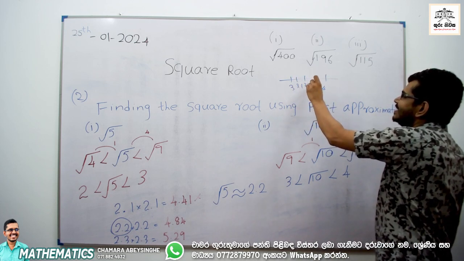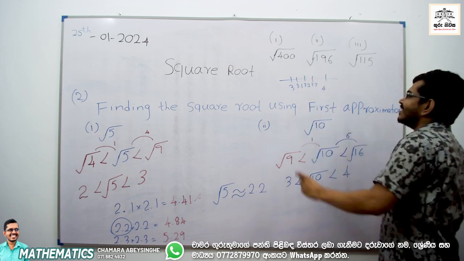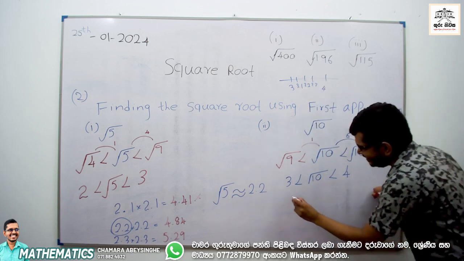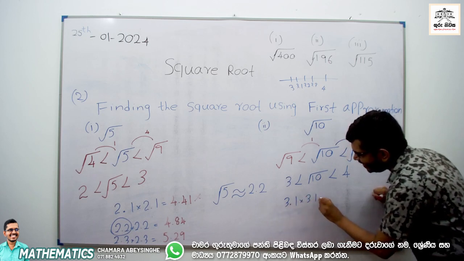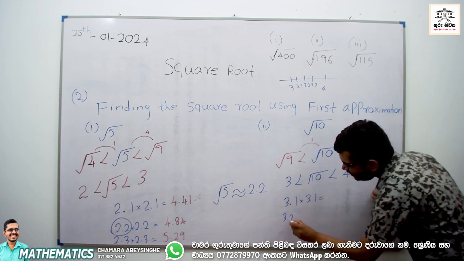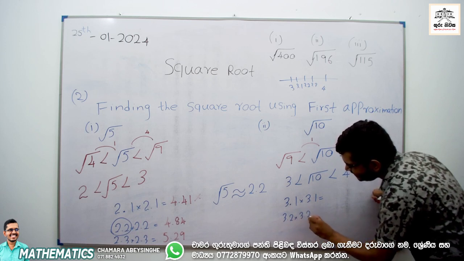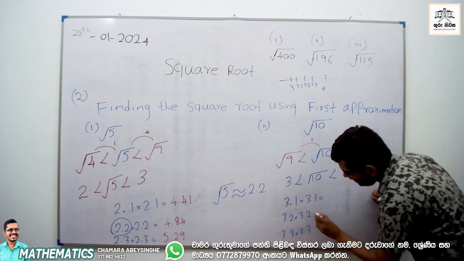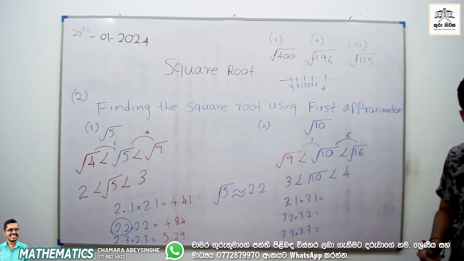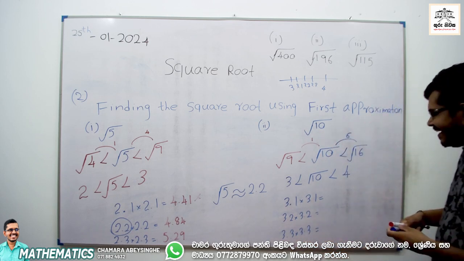3.1, 3.2, 3.3, like that. So you should multiply 3.1 multiply 3.1, 3.2 multiply 3.2, 3.3 multiply 3.3. First, the 3 decimal numbers you should multiply. Let's see.